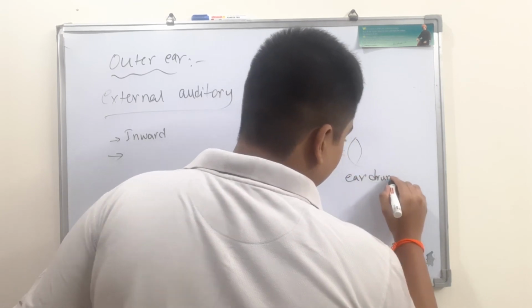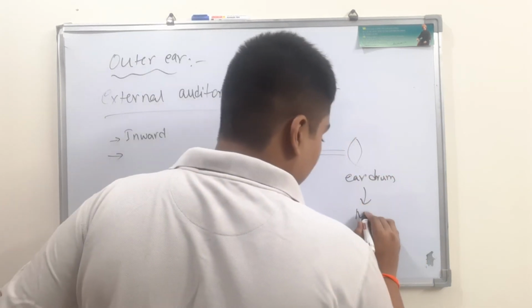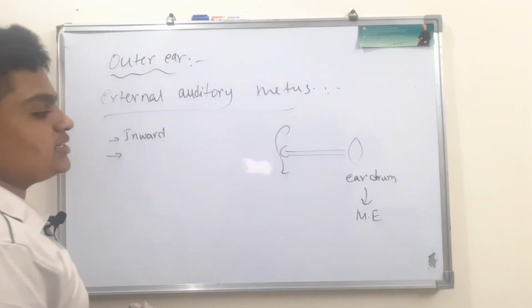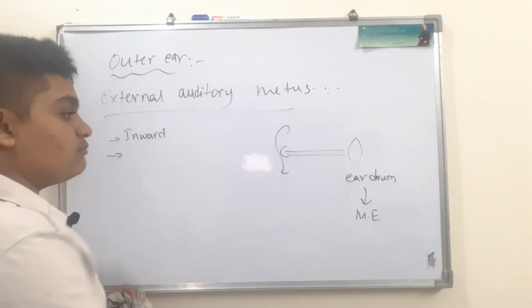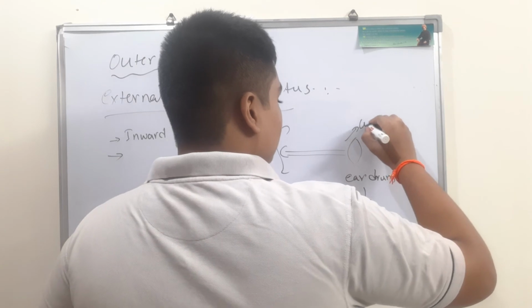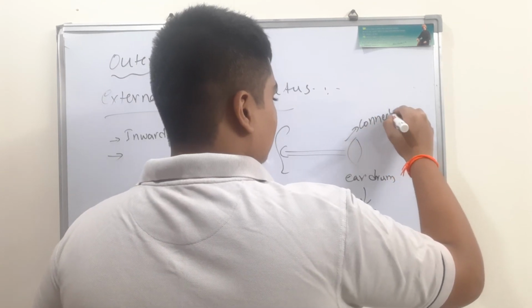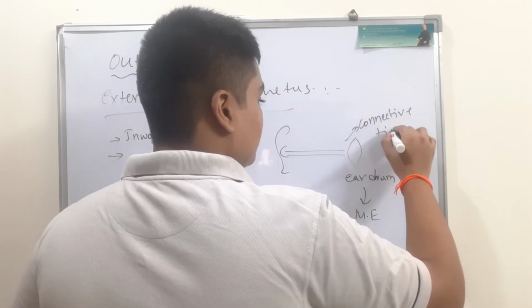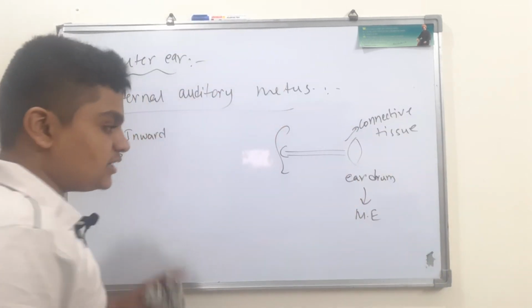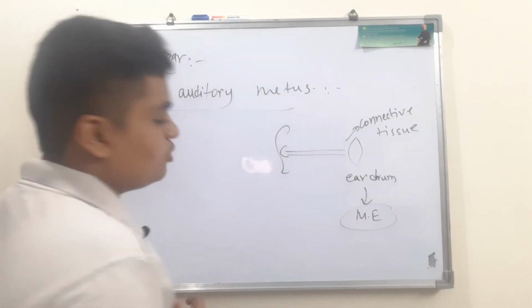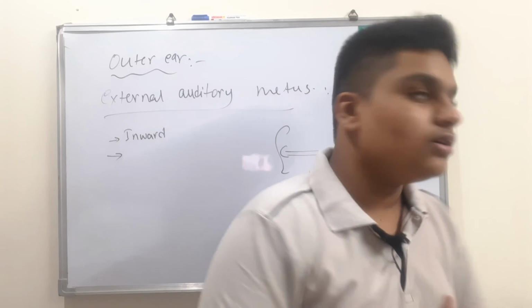This eardrum is a part of the middle ear. It is made up of connective tissues. I am just giving you brief information about this eardrum. About it we will be talking more in the next lecture on the middle ear.